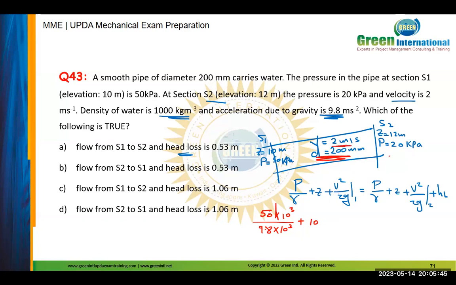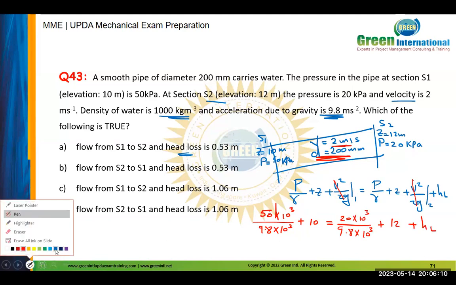The diameter does not change between the two cross sections, 1 and 2, so velocity is the same; the value here is the same as here. Pressure on the second side, 20. Z, losses. It is an easy cancellation problem.